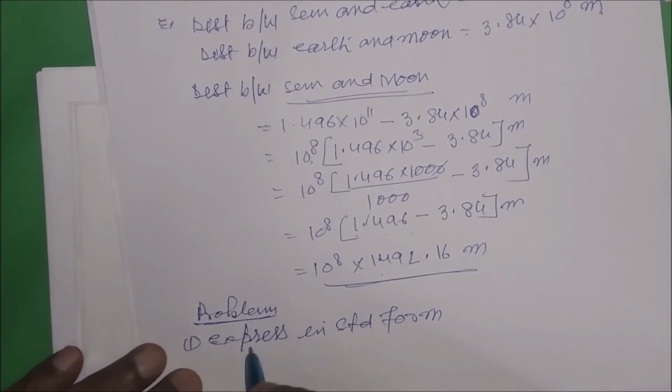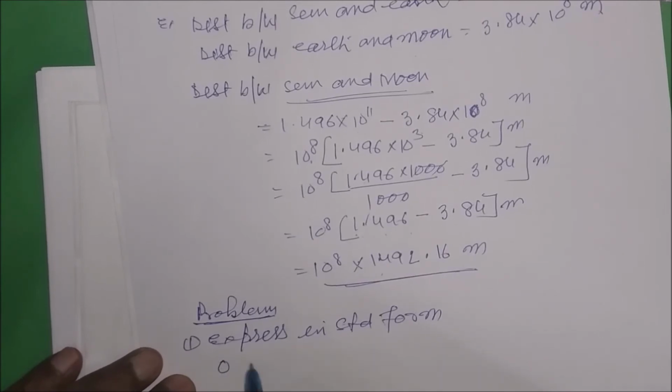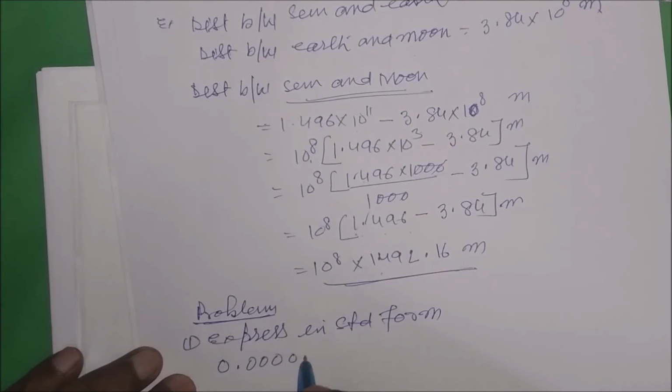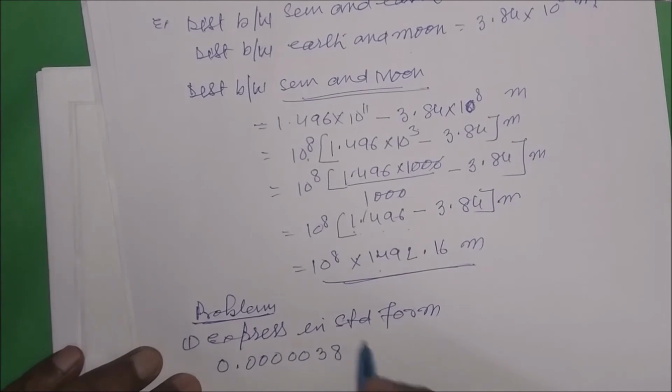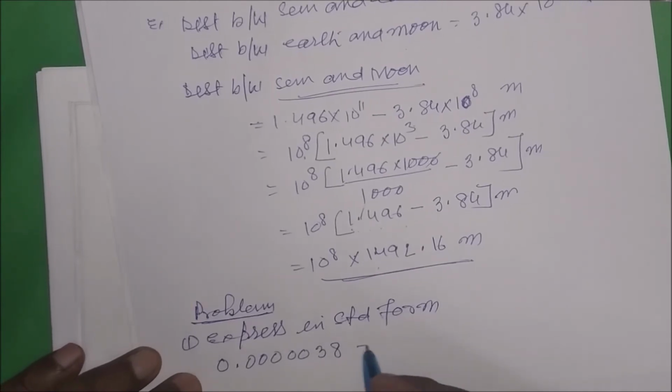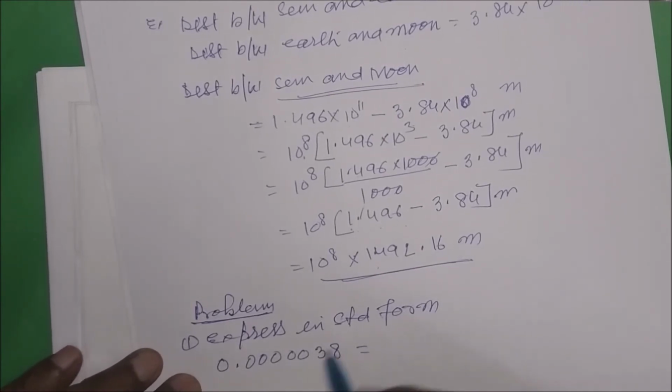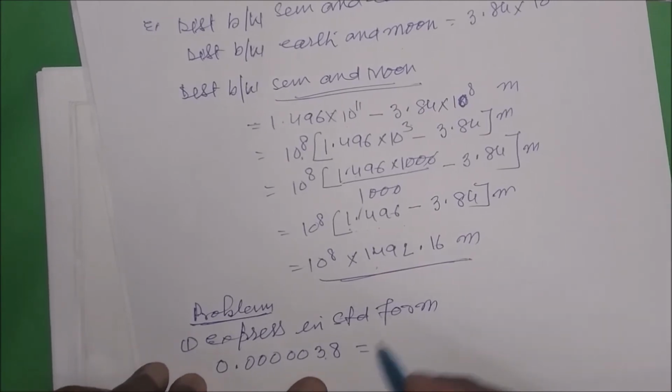So here, see, I am writing 0.00000, suppose 5 zeros and 38, right? This one, how can you write in standard form? See, what I said, this decimal should come after this 3, right?